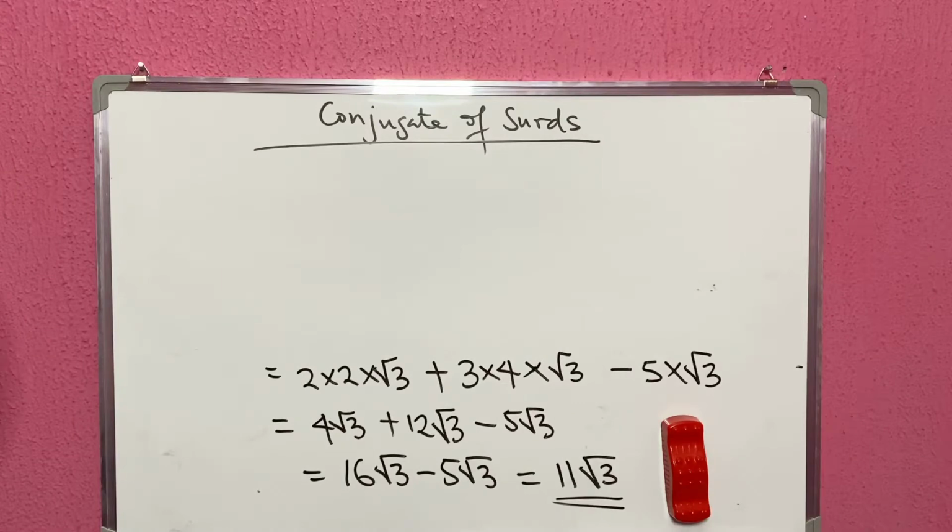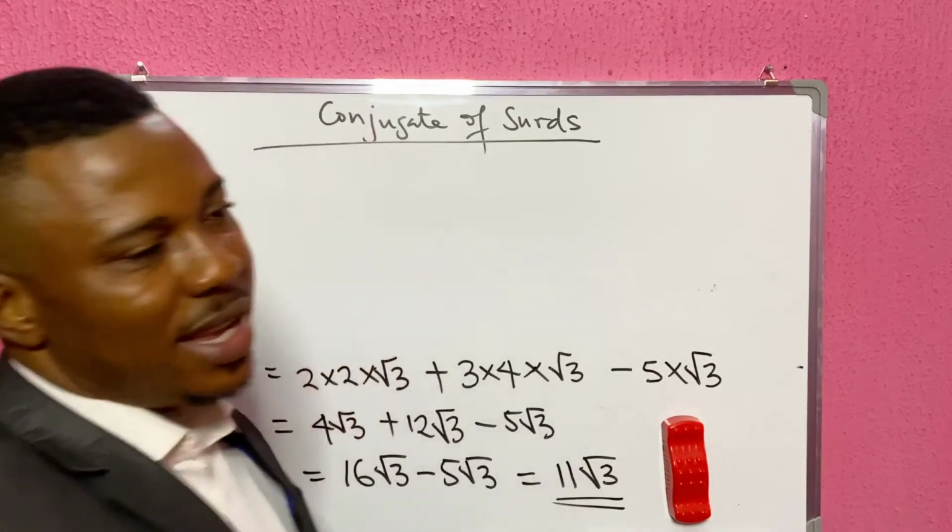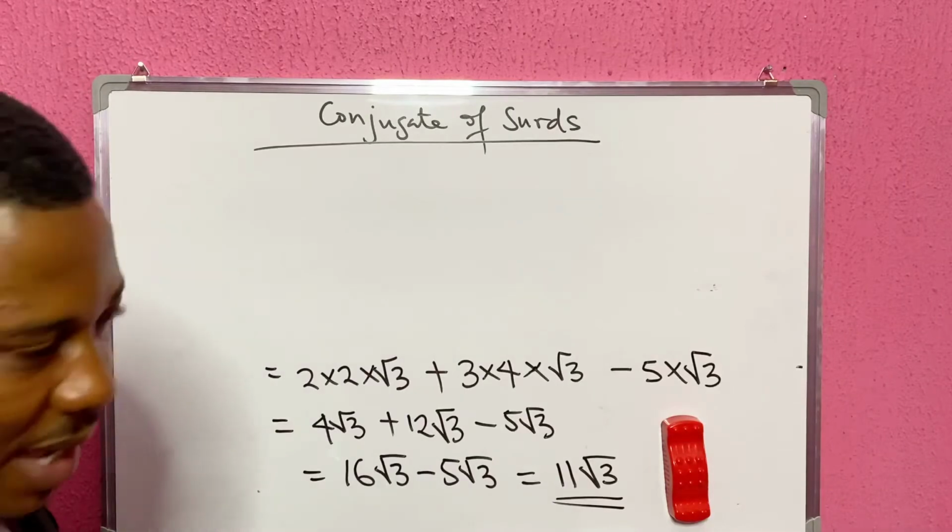The conjugate of surds are two surds that you can multiply to give us a rational number.